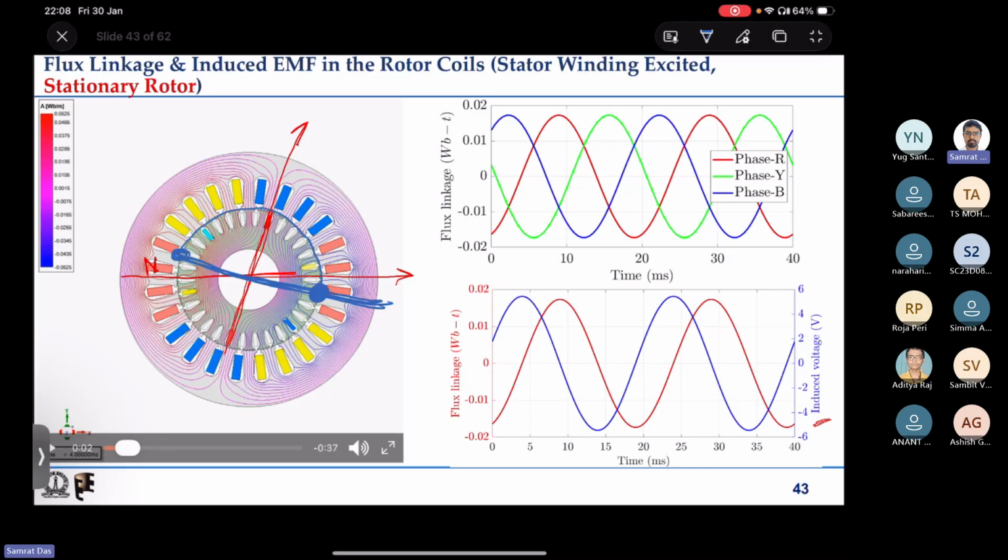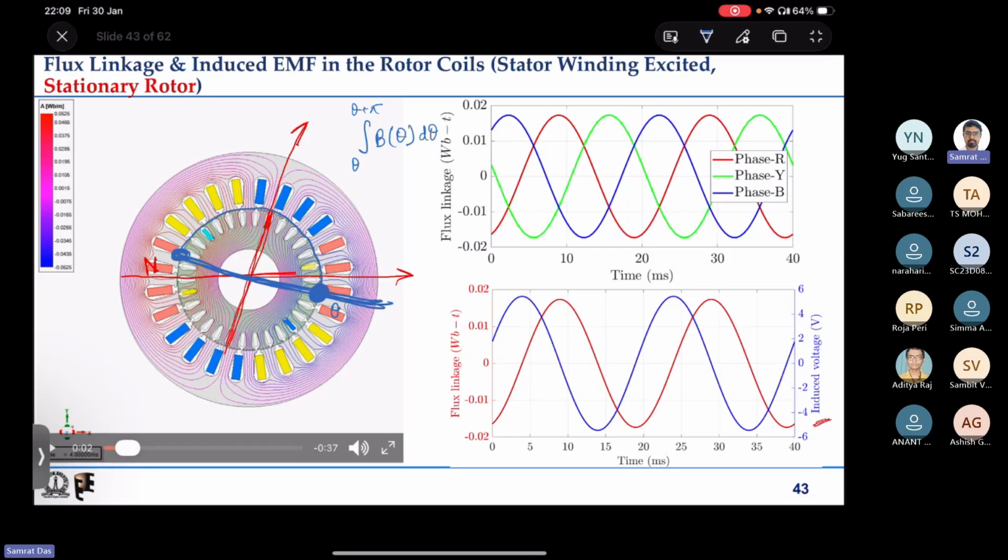If it is some angle, say theta, then in order to calculate the flux linkage, we have to take an integration of B theta from theta to theta plus pi, right?